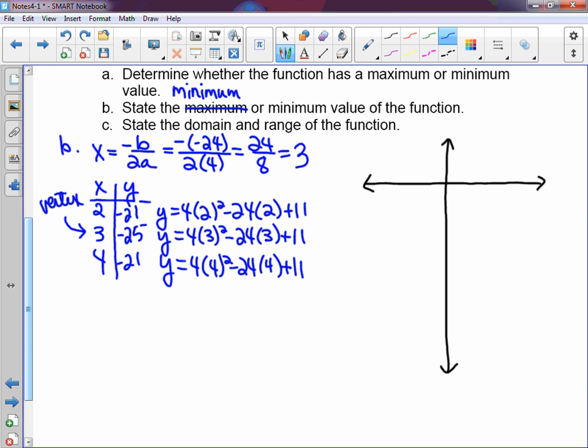Okay, so let's see, we got 1, 2, 3, 4, there's my x's. So 2 is like negative 21, so I'm just kind of guessing. Okay, you don't have to be exact. And where does it cross? Crosses at like 11, so that might be about right here.